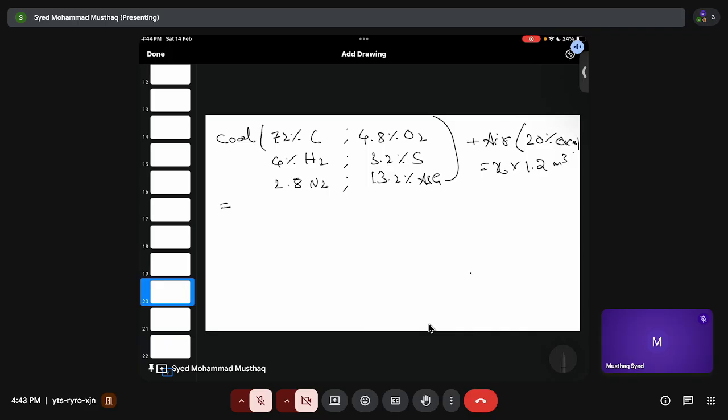So let's draw a table initially, and also let's take coal as 100 kilograms. Then carbon is 72%, right? So 72 kgs. Let's write mass, 72.